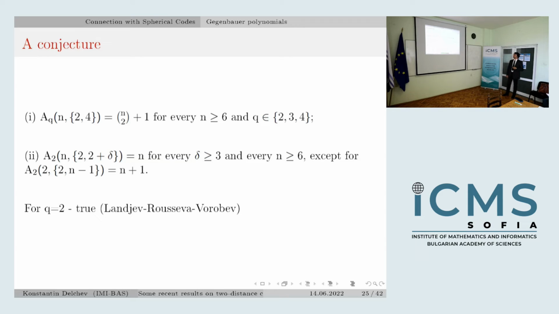This is the conjecture that we arrived at while dealing with the general problem of two distances, or 2, 3, and 4, possibly higher, and the conjecture turned out to be true. It was proven by Andrei and Borubyov with the apparatus of finite geometries.